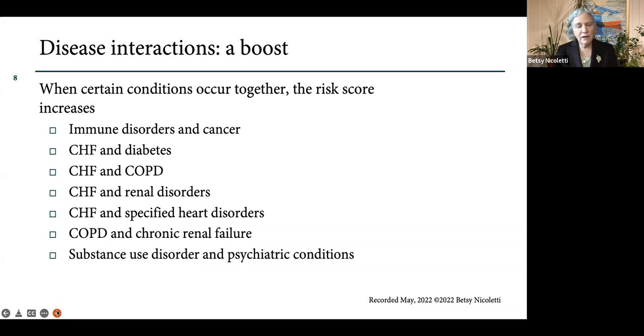So if the endocrinologist saw the patient for the diabetes and the primary care doctor saw the patient for the congestive heart failure, both of those count. But if you are treating both of those, or if treating one affects the treatment of the other, then you want to, of course, select them on the same encounter.